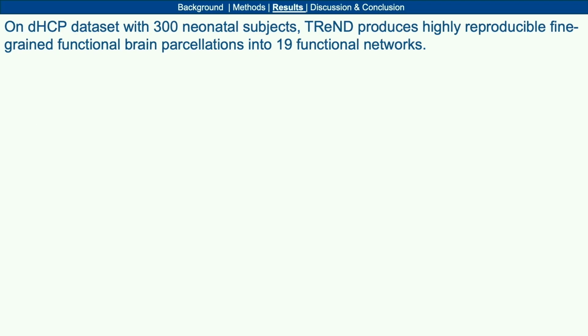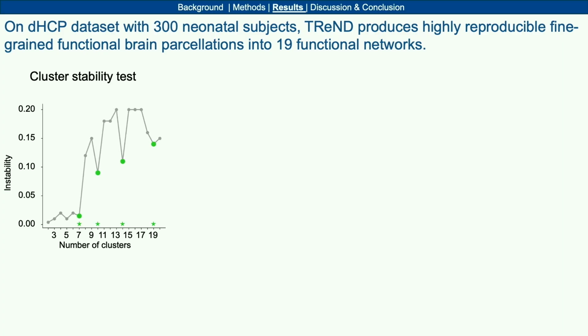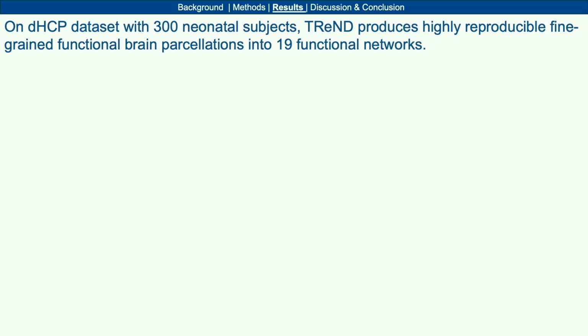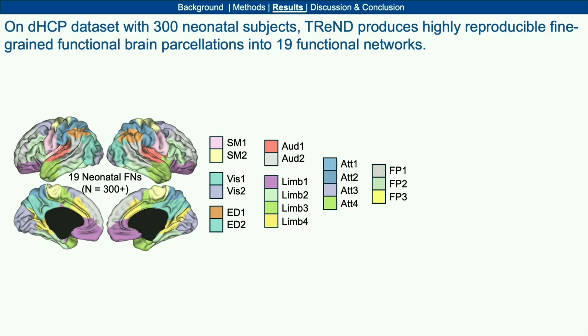Now, sometimes people ask me, Sovesh, 7 networks are good, but I also want to go a little deeper. I want higher networks or more parcellations. So that's why we also came up with 19 functional networks. As we remember from the chart I showed earlier, 7 and 19 were the optimal starting points for us. So we came up with this 19 functional network parcellation, where we have SM1, SM2, which is somatomotor 1, somatomotor 2, similarly visual 1, visual 2, and so on.